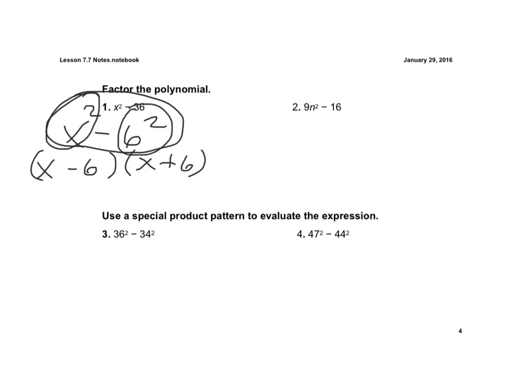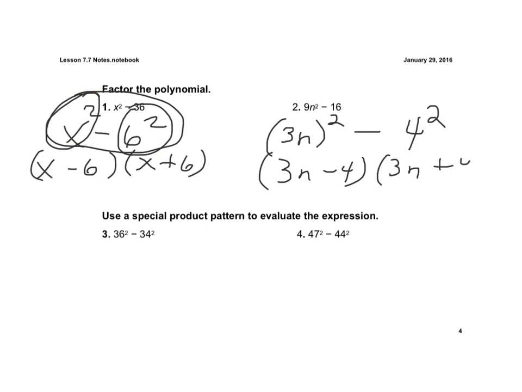In this case, 9n squared is a perfect square of 3n all to the second, and 16 is a perfect square of 4, so that's 4 squared. So now I have 3n minus 4 times 3n plus 4. And again, the reason it must be a minus and a plus is so that the middle terms cancel out. Notice that there are only two terms, so the middle terms have to cancel out.